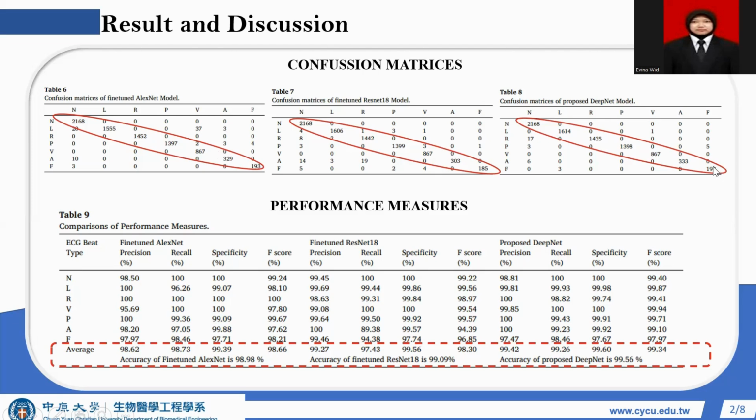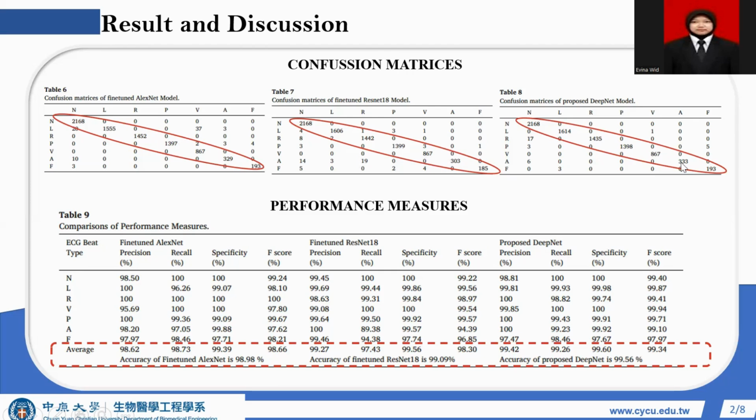If we compare one by one, we can see that DeepNet has more correct predictions. For the first class, 2188, DeepNet is the same as the others, and then 1614 is higher than ResNet and AlexNet. And the third, 1435, is the lowest, but for P, DeepNet is similar to the others, and for F, DeepNet is the same as the others.